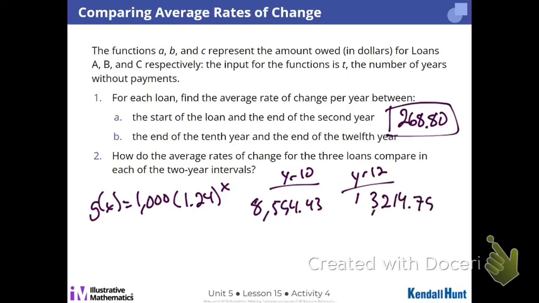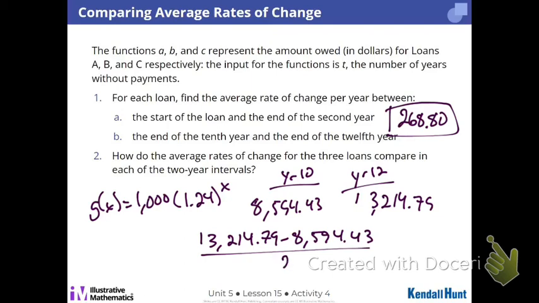Okay, so to get my average rate of change, I'm going to find the difference and divide. How many years was this one over? Year 10 to 12, 2 years.